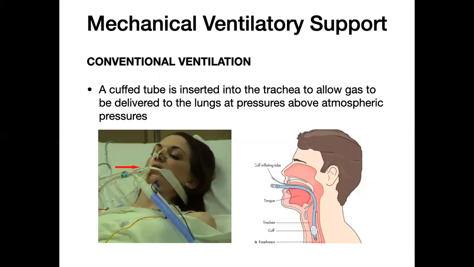So for the conventional ventilation, we insert a cough tube, the cuff is here, into the trachea to allow gas to be delivered to the lungs at pressures above atmospheric pressure.